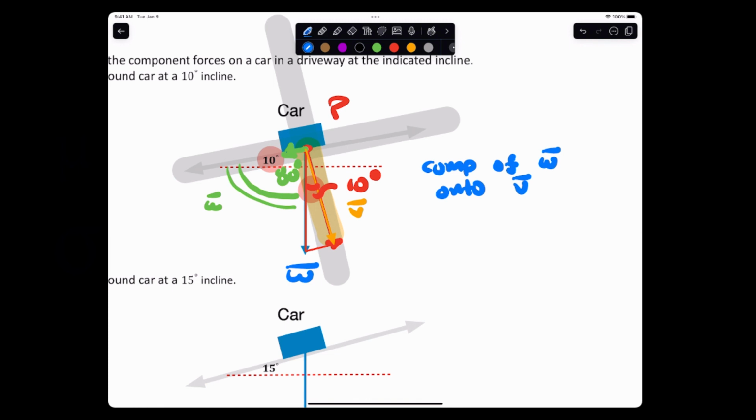Which would be the length of what? W. Cosine of that 10 degrees here. This is all that we need here. So this is the orange portion.